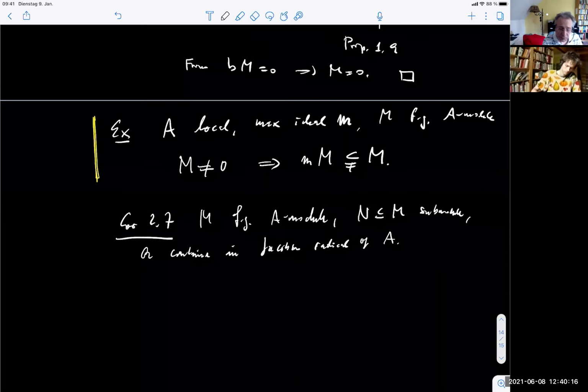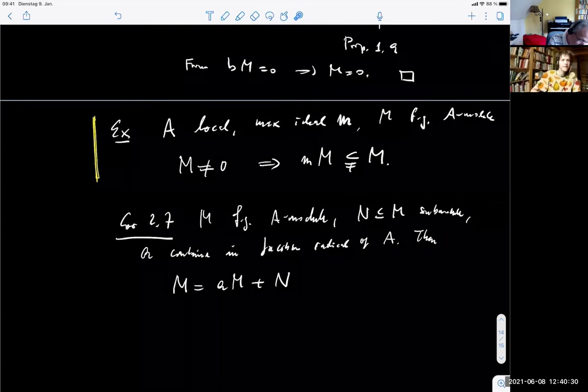So as before, but now N is a submodule. The point is this: if you can show that M equals AM plus N, so you have your submodule N, but you also have this submodule, and you assume that if you add them up, you get everything, then you can infer M equals N. And the proof is basically for free.